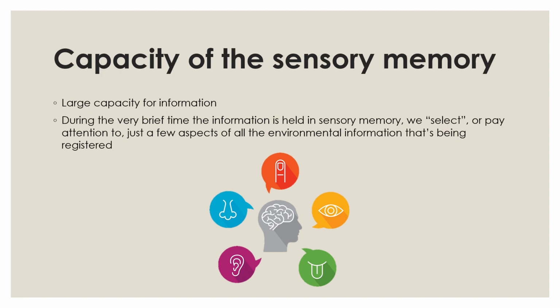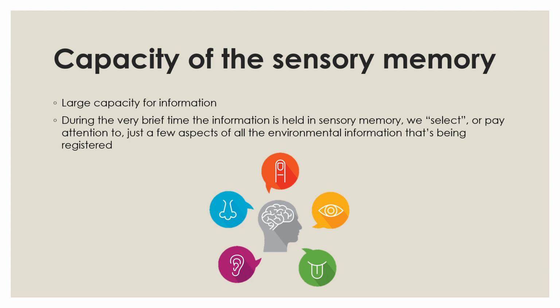Talking about the capacity of the sensory memory, there is a large capacity for information. You will never receive a pop-up notification in front of your eyes saying that the storage is full and we are shutting down sensory memory, or delete some items from the sensory memory. You will never receive that, because there's a large capacity for information in the sensory memory.